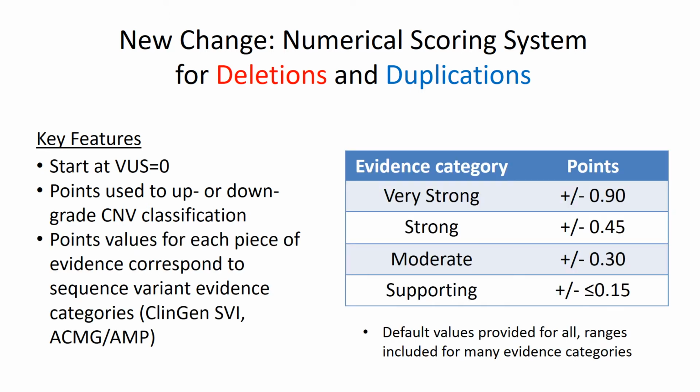Each piece of evidence is evaluated based on its categorical strength and assigned a corresponding point score, using categories intended to harmonize with those used for sequence variant interpretation. Default values are provided for all evidence types, but ranges are included for many categories to provide flexibility based on evidence strength within a category.